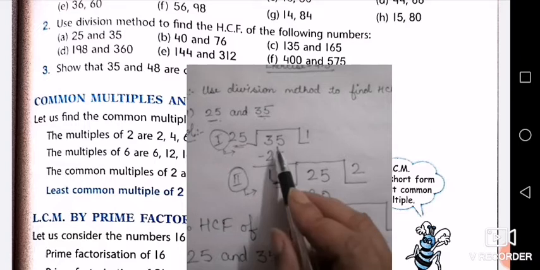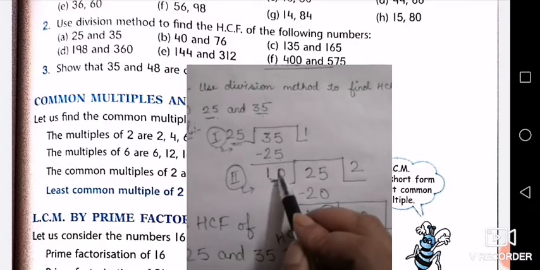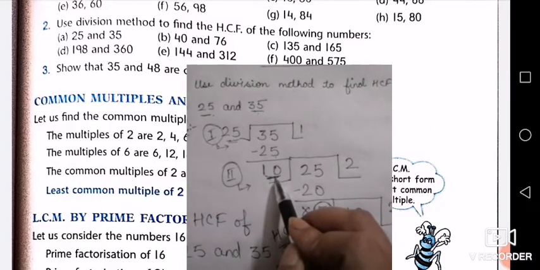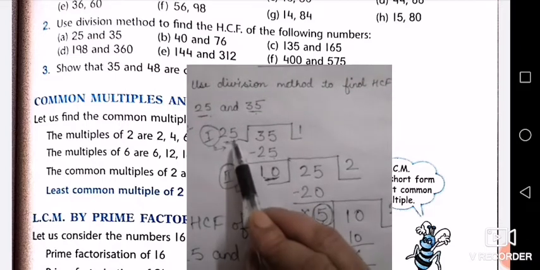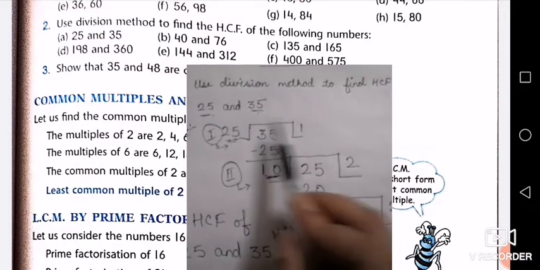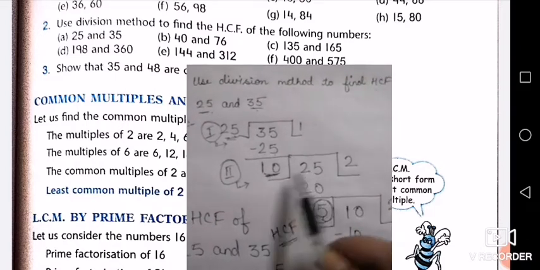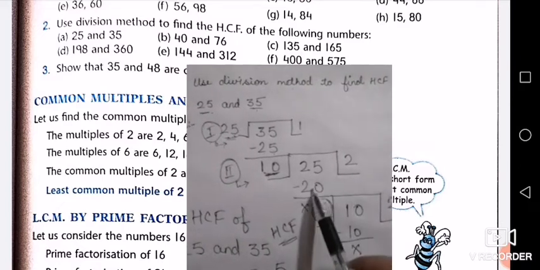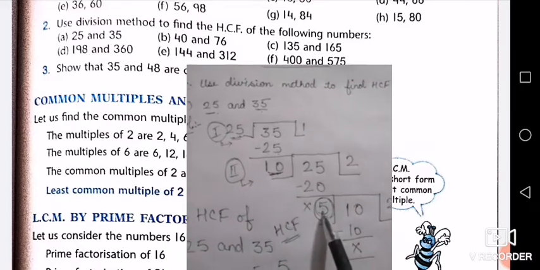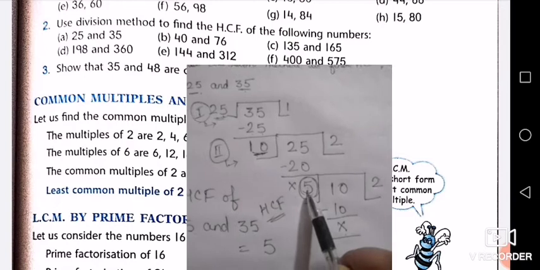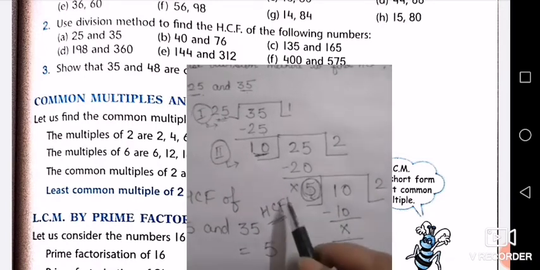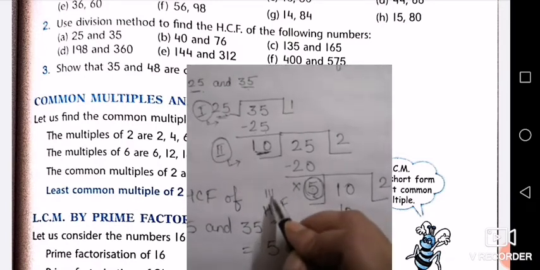In the second step, the remainder which you get after the first step will become your divisor, and the divisor of the first step will become your dividend. 10, 2 times will be 20 and 5 will be remaining over there. Now this is your third step.